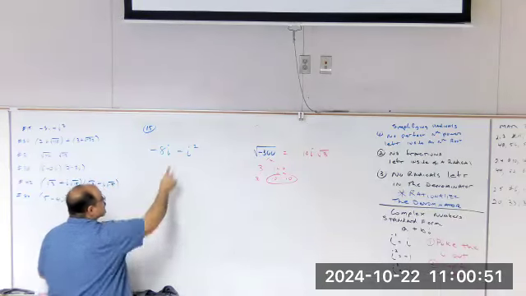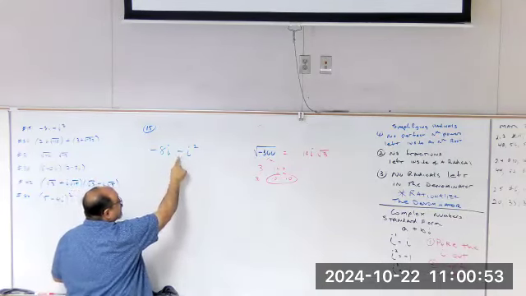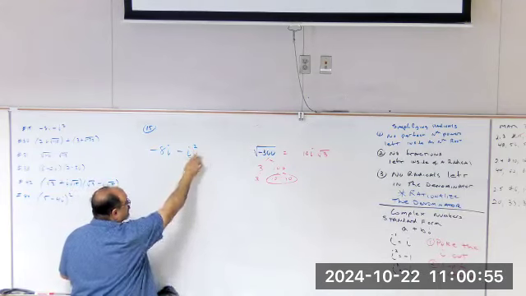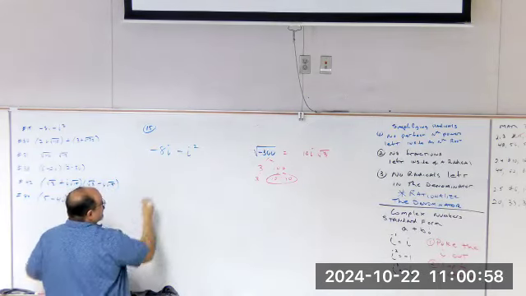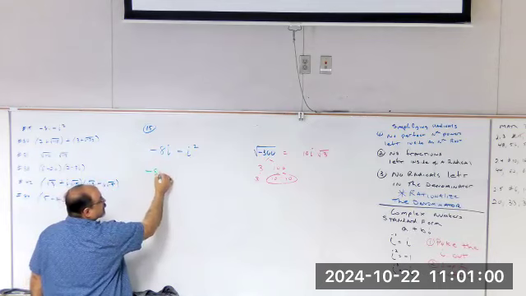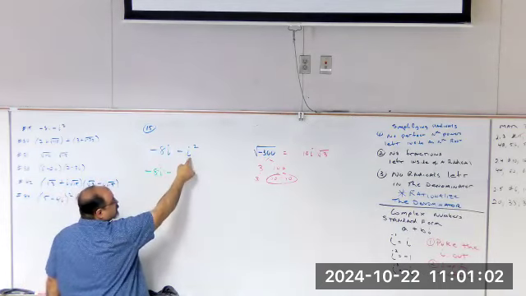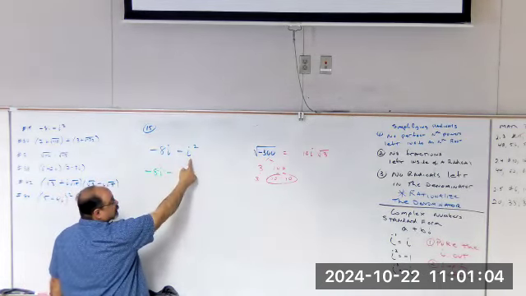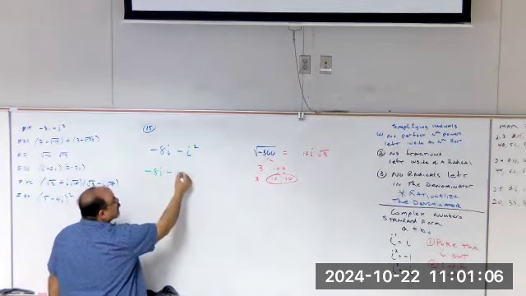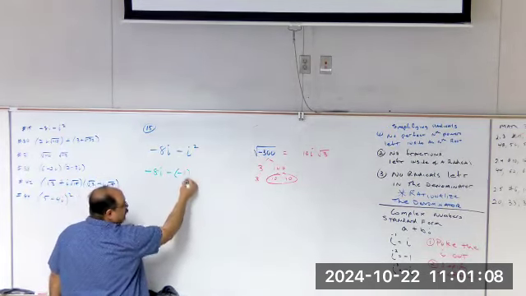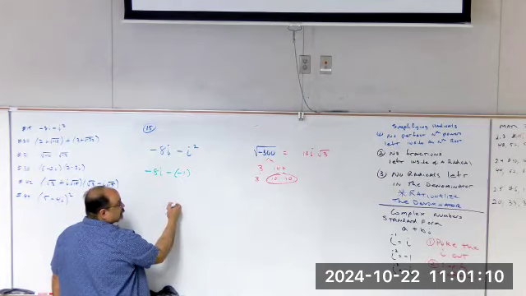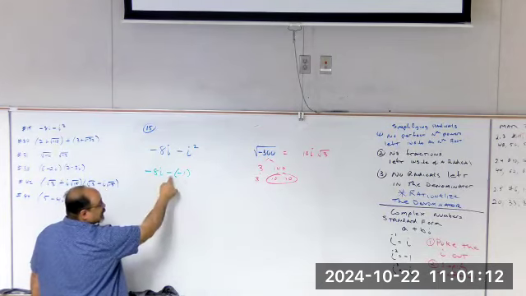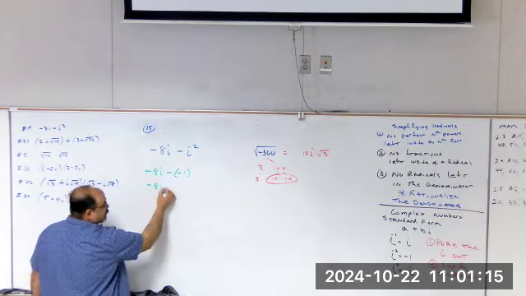Negative 8i minus, before I can subtract, I have to do this exponent. So negative 8i minus, what is i squared? Negative 1. So parentheses minus a negative 1, because I'm going to subtract the negative 1. So what's that going to become?